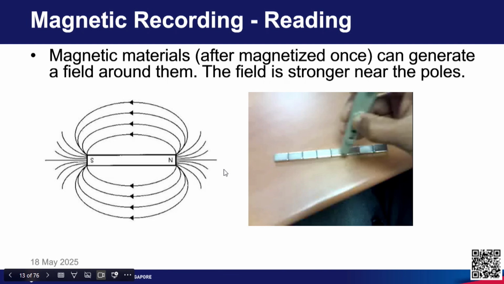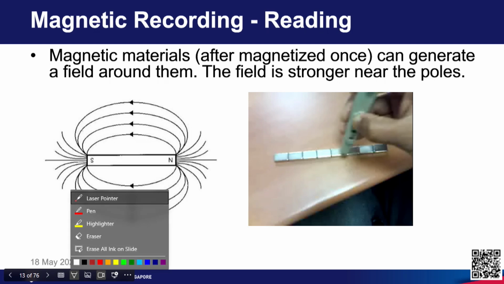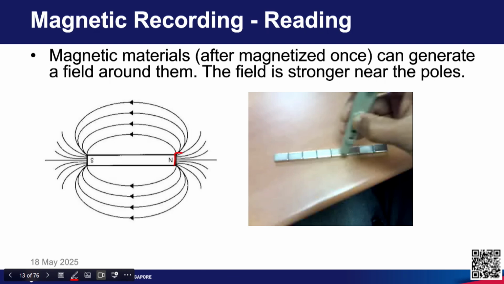stronger near the poles. So, if you count the number of lines per given area, you will find more lines here, and in the same area you will find less lines here.